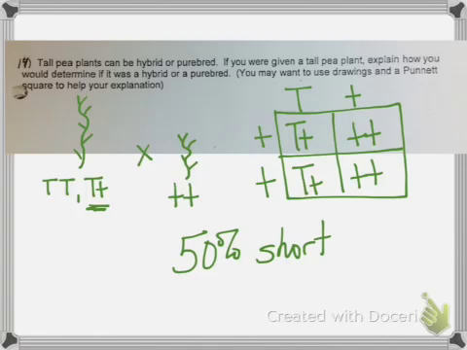If we crossed it with a short and we never ever got one in the offspring, that means the plant was a purebred dominant. That means it had 2 capital T's, because no matter what, if we crossed a purebred dominant with a purebred recessive, then we would always get hybrids, and that goes right back to Mendel's experiment.